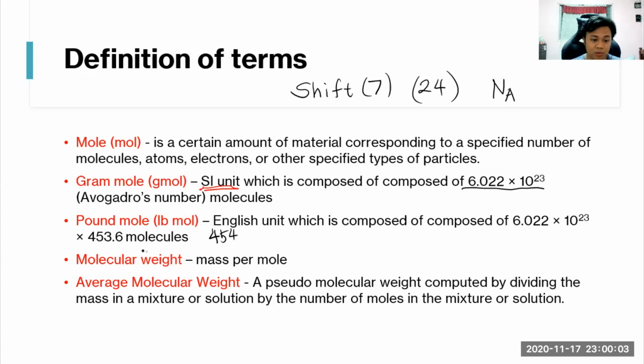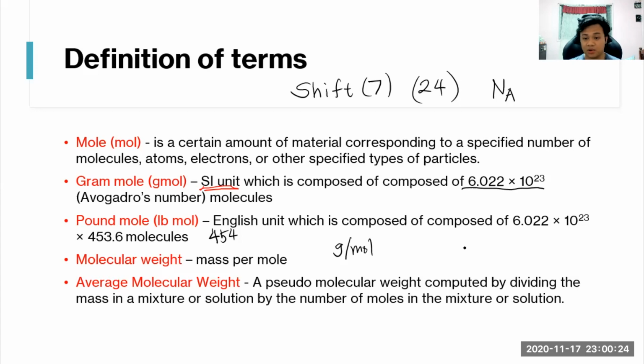Molecular weight is the mass per mole, so typically the unit here is grams per mole. Basically, it is the weight of one mole of that substance.